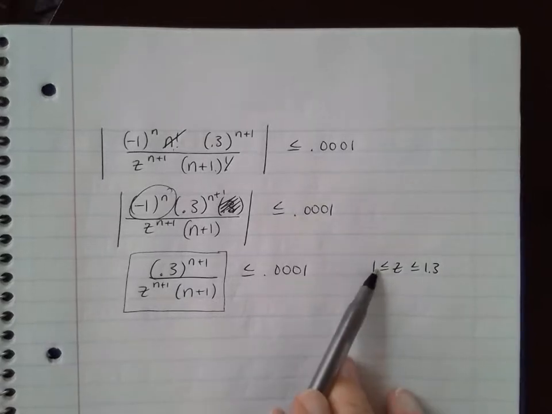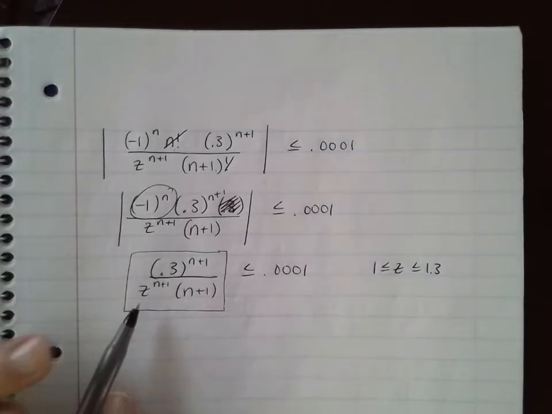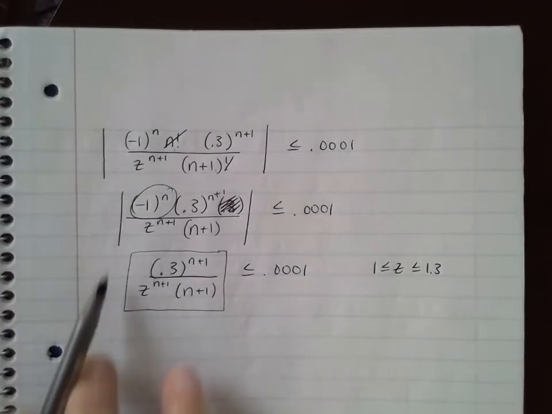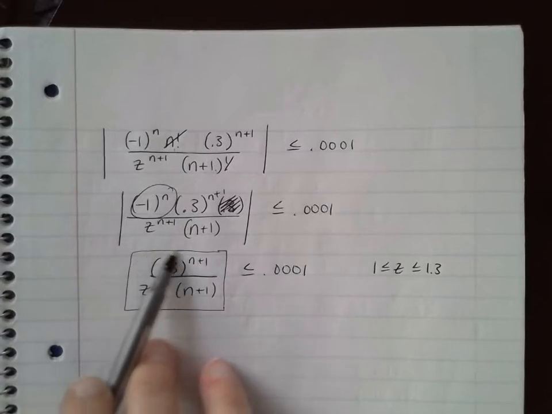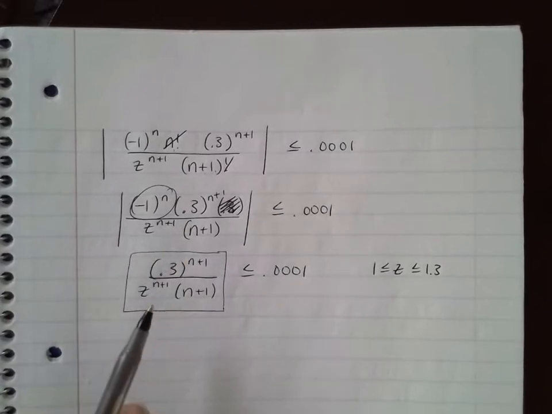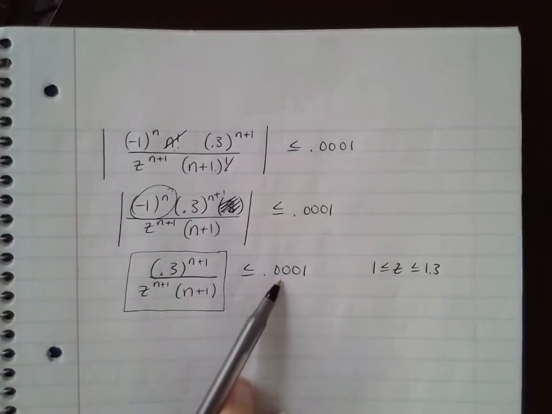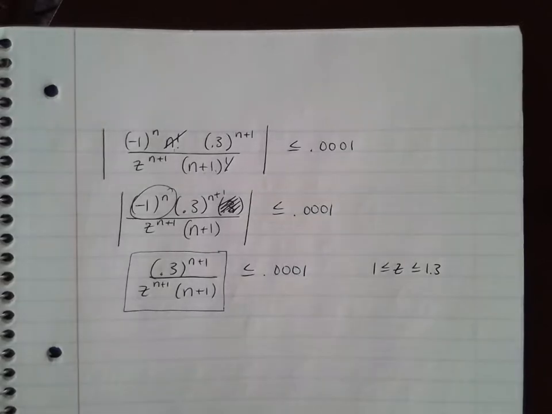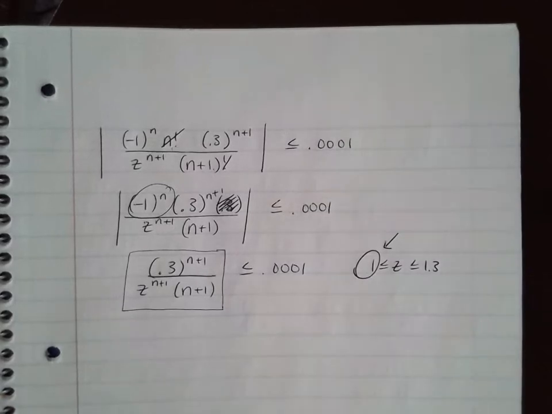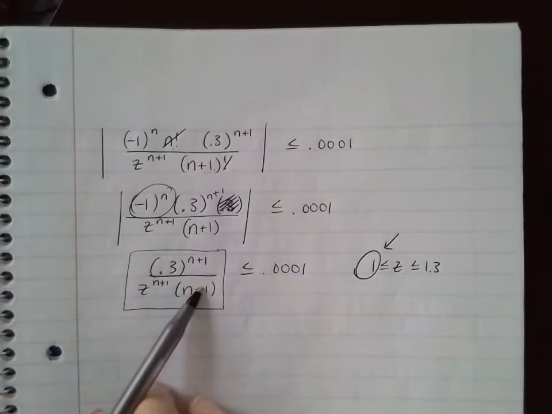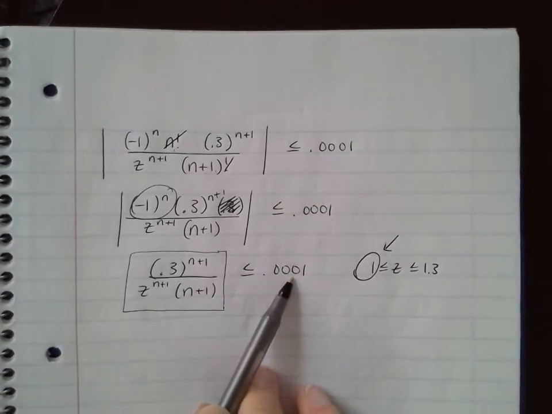Well, if I have the smallest of the numbers in the denominator, it's going to create the biggest possible fraction. Which then, if I create the biggest possible fraction and I can squeeze that to be less than or equal to 0.001, then I'm good to go. Okay, so I'm going to use a z value of 1 to maximize this error to squeeze it underneath this restriction.